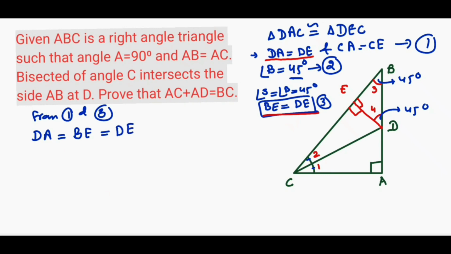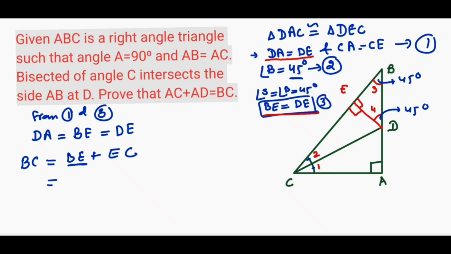So let's take this side BC. This BC is equal to BE plus EC. Correct? And BE is equal to DE or this thing AD.